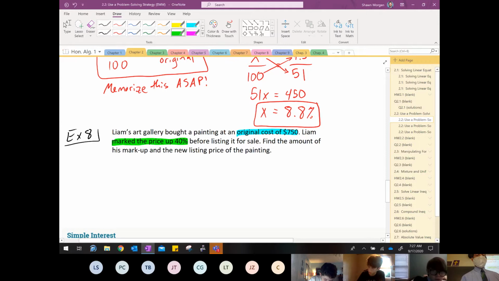So that's an increase. And then it says, please find the amount of his new listing price, as well as how much he raised it by. So they're asking us for 2 things. All right, so take a couple minutes, see if you can consider the answer to both those questions.